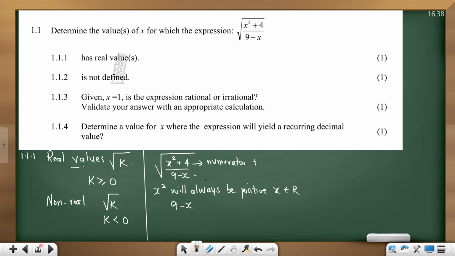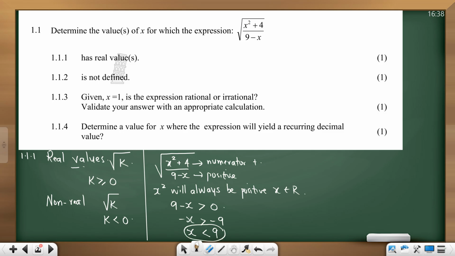My denominator must be positive, so that positive divided by positive will be positive. So 9 minus x must be greater than 0. Minus x must be greater than negative 9. When I divide both sides, x must be less than 9.